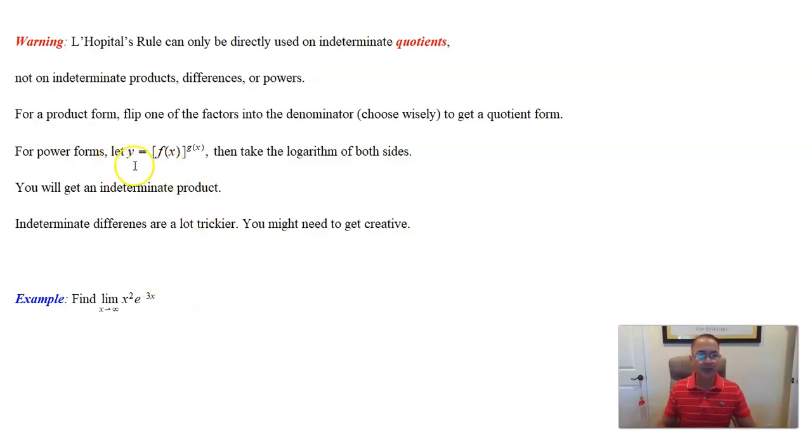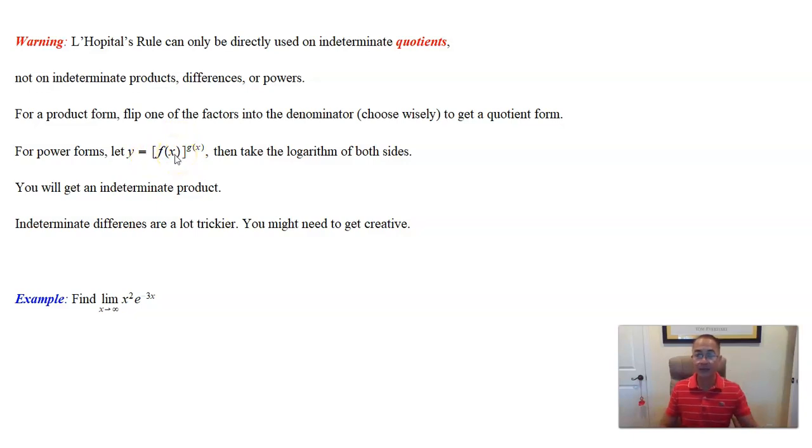If you have any of those 3 power forms, give it a name, set it equal to y, then take the ln of both sides. The power rule for logarithms says that the g of x is going to come down, and you get g of x times ln of f of x.